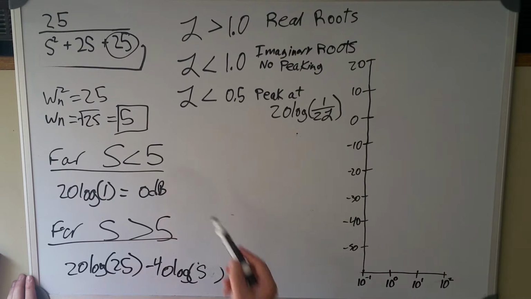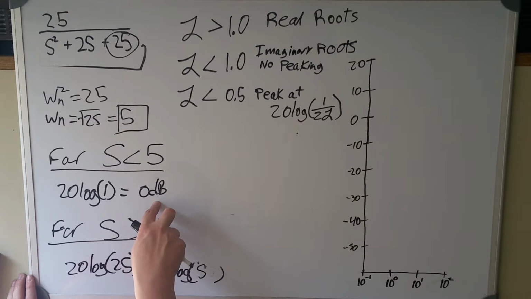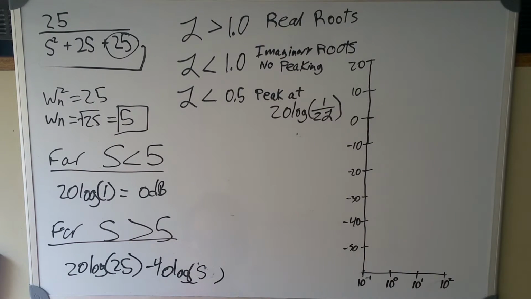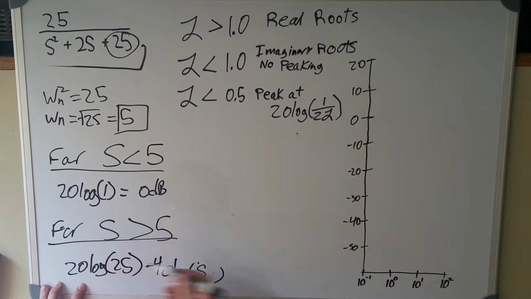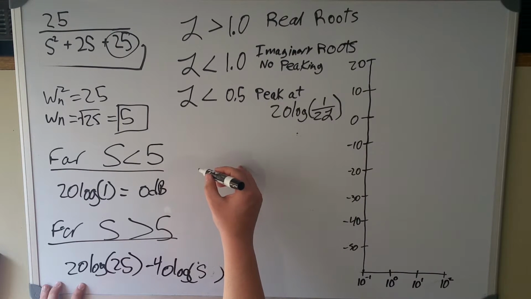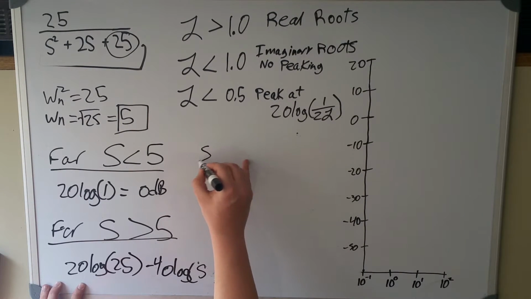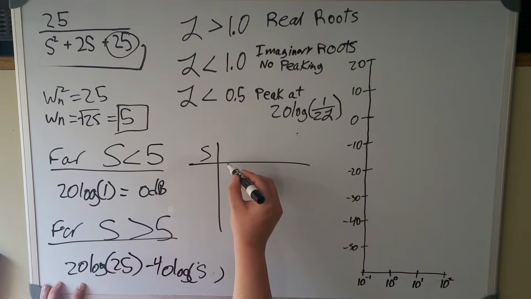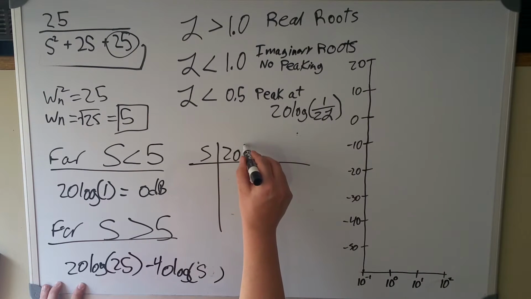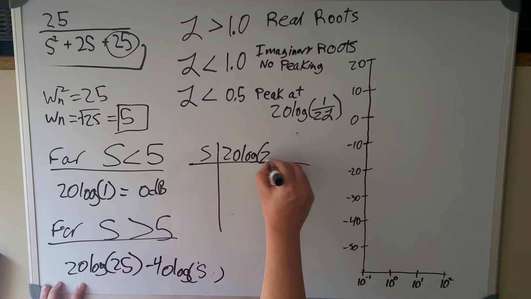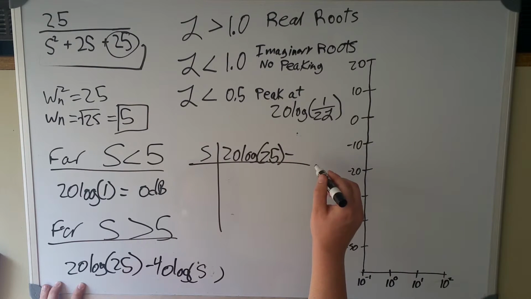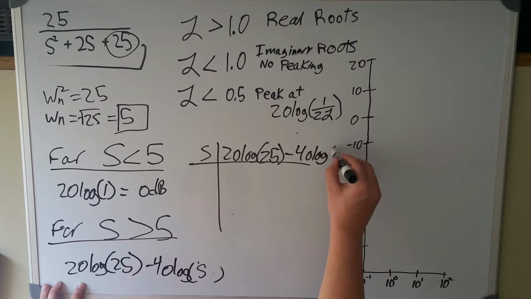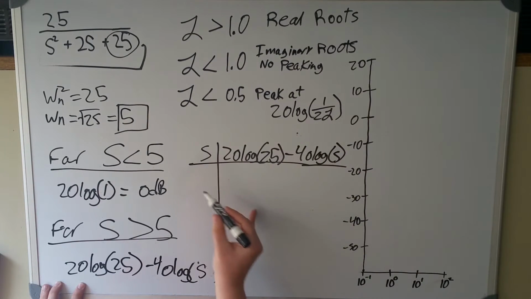At this point, we already know that anything less than 5 is a constant at 0 dB. Now we just need to figure out for s greater than 5, where we will take this and do 20 log 25 minus 40 log s.